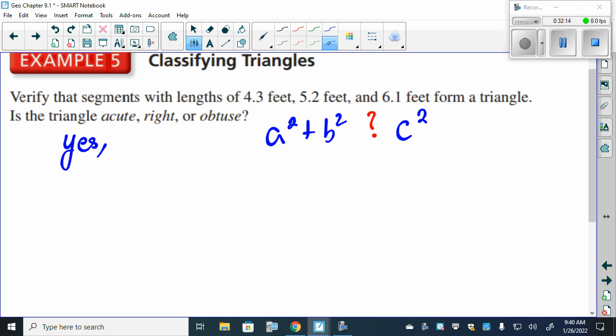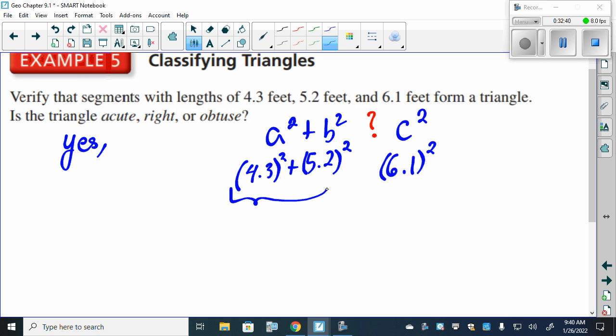The biggest length, the hypotenuse, is always going to be c, so we'll have 6.1 as c. A and b are going to be the other two lengths. So we would have 4.3 squared plus 5.2 squared.